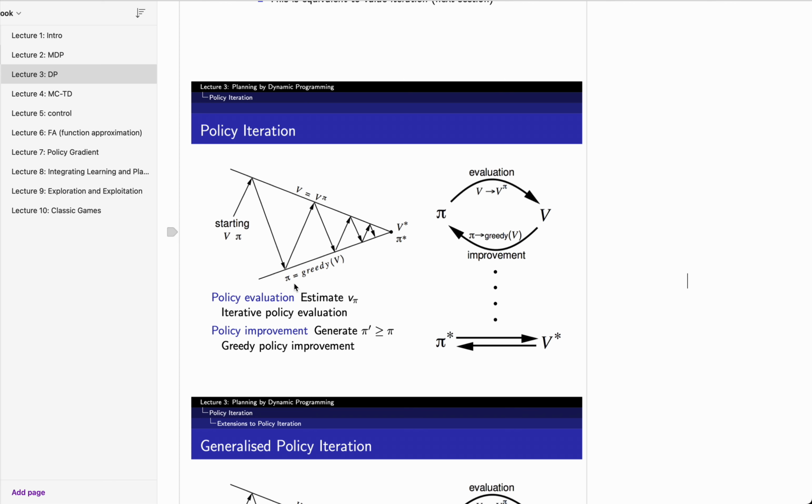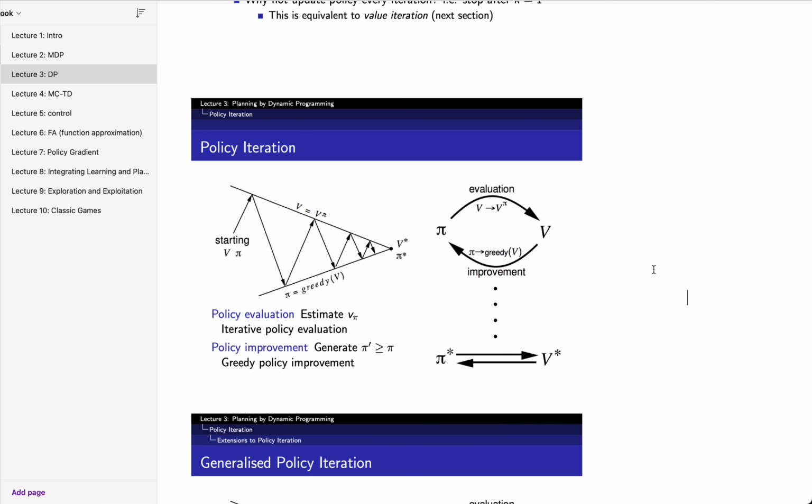And this bouncing back and forth is a loop, which combines evaluation and improvement. So when I was learning this, I got really confused, but I think I get a better idea now. So basically, imagine, I'm going to make an analogy here.